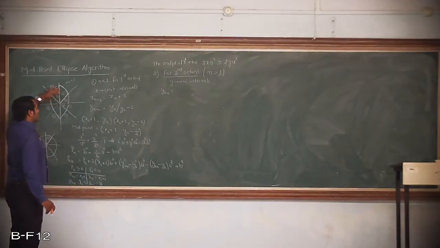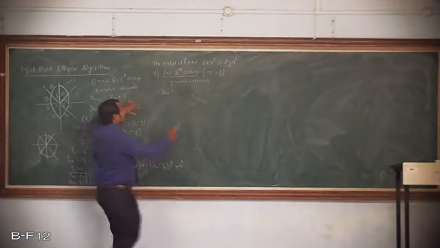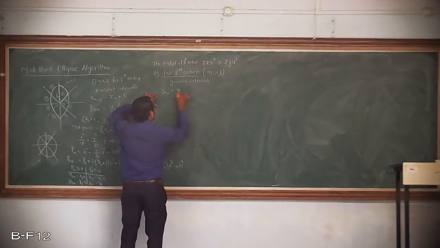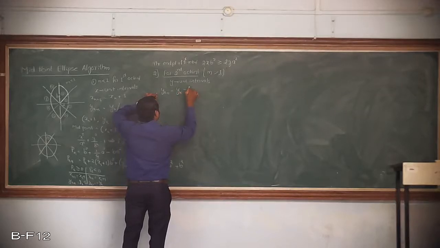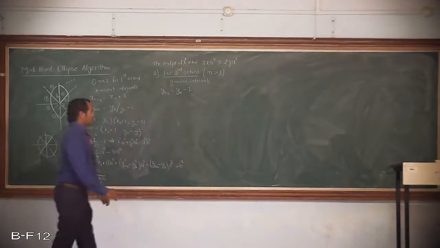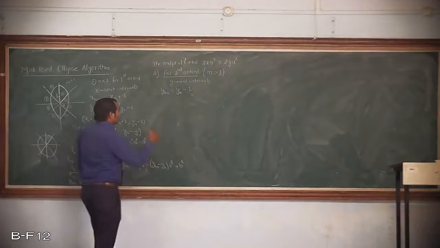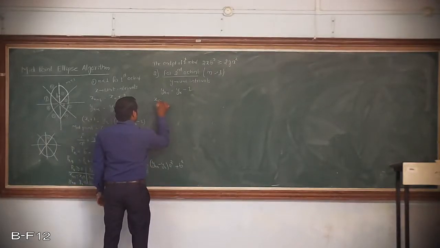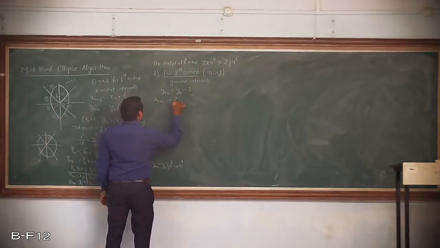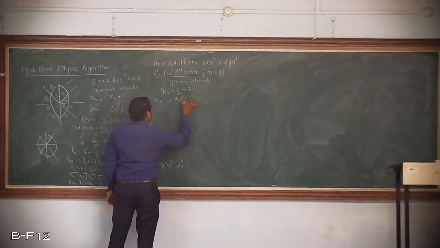It is decrementing. Therefore it has to be decremented by unity. That will be yk minus 1. Then the next x coordinate can be taken as xk or xk plus 1.